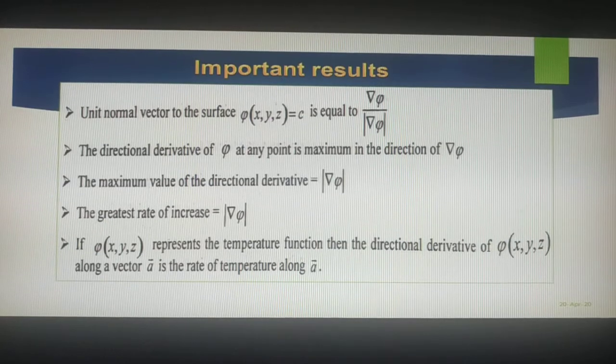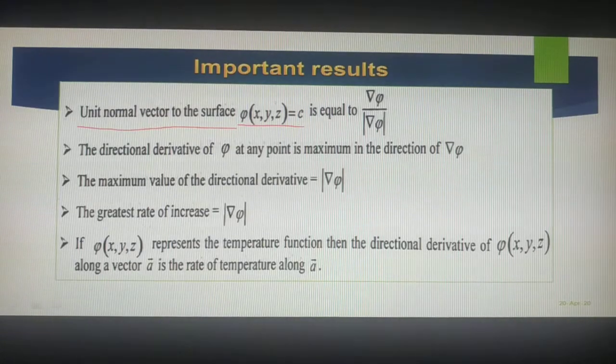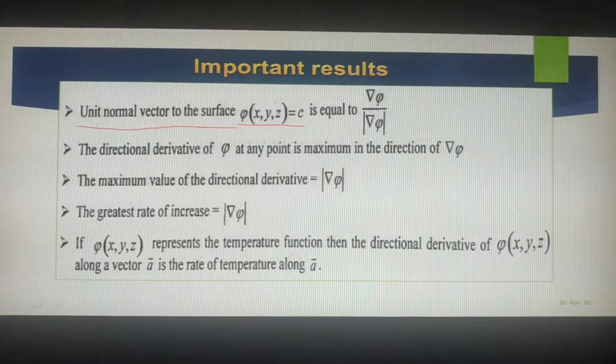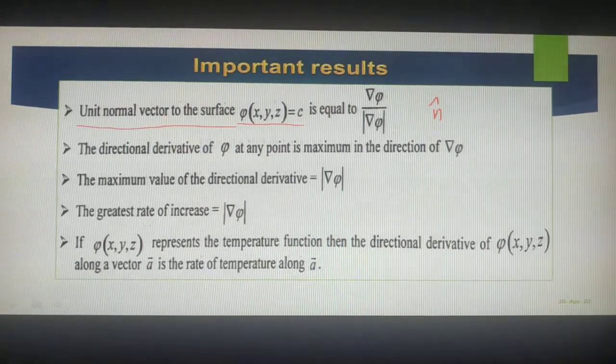So there are some important results you can conclude from that definition. The unit normal vector to the surface phi of x, y, z equal to c, which is a level surface. As you know, if I draw the unit normal vector, how are we going to get it? The unit normal vector is nothing but n cap. n cap is nothing but del phi by mod del phi. We did problems based on this in our previous class.